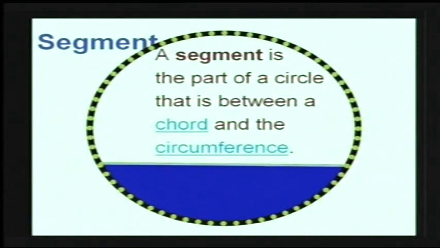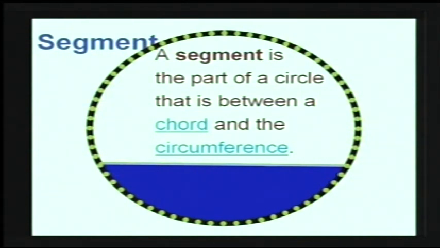Next, the segment. A segment of a circle is the part of a circle that is between a chord and the circumference. Can you see where the segment is? Which color is the segment?